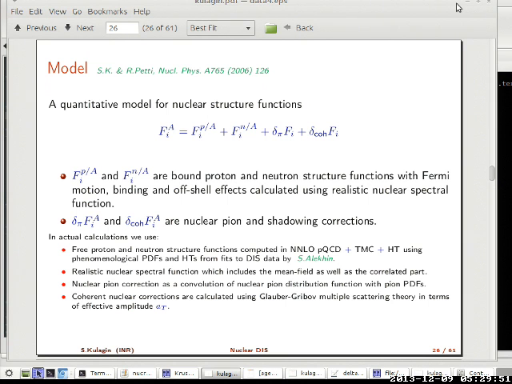So for that we have the set of equations which follow from the equation of motion for nucleon and pion fields. So we try to avoid a direct calculation of the pion correction, but rather try to constrain it using the light cone momentum sum rule and also the equation of motion for the fields.